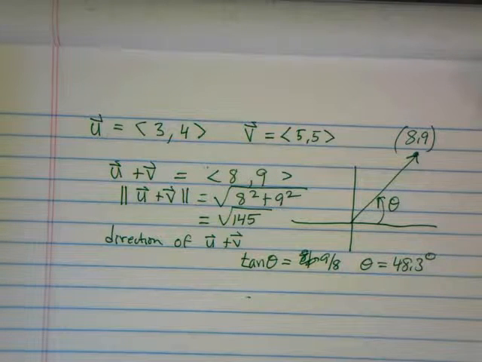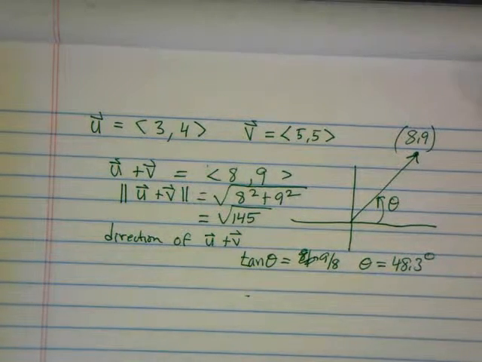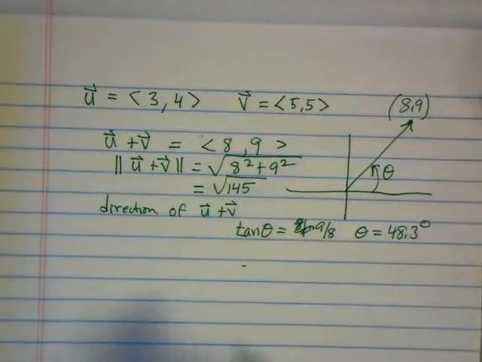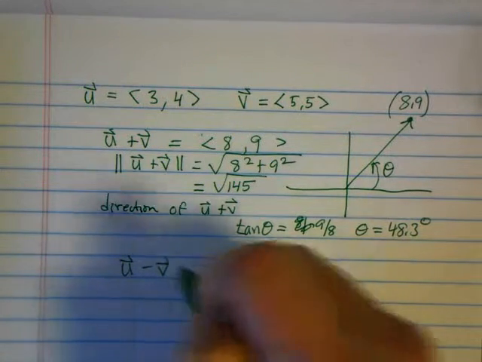All right. What else might I ask you to do? Yeah, I used inverse tangent to get the theta all by itself. I might ask you to subtract the two vectors. All right. I might ask you to find u minus v.